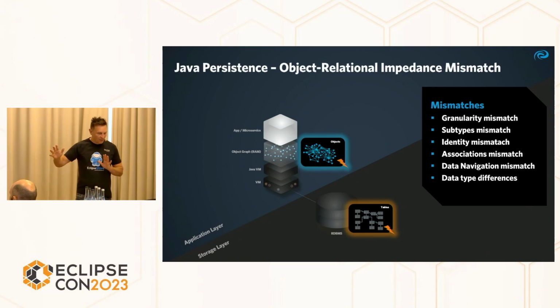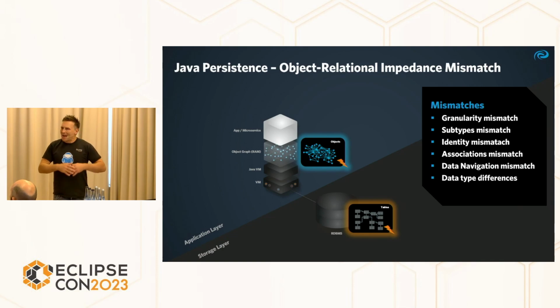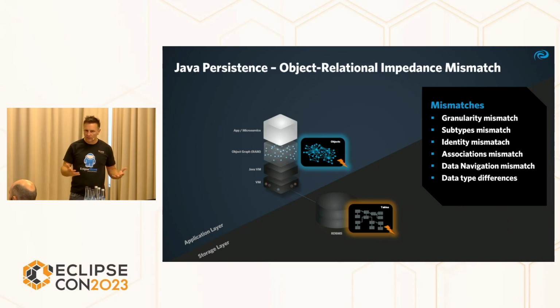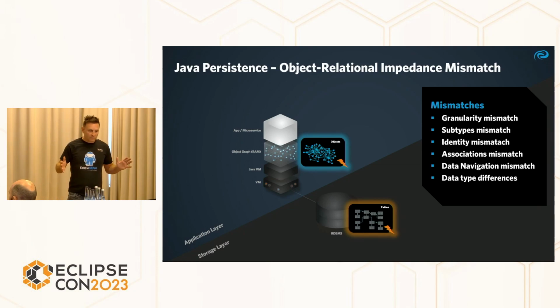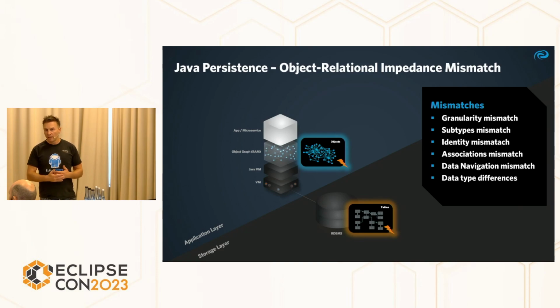So here we can see an architecture of a common Java application. We have a Java application, a JVM, we have a database. As long as we program with Java, everything is great. It's object-oriented, everything is in memory, everything is easy for us, type safe, great. As soon as we want to store data, we obviously use a relational database.